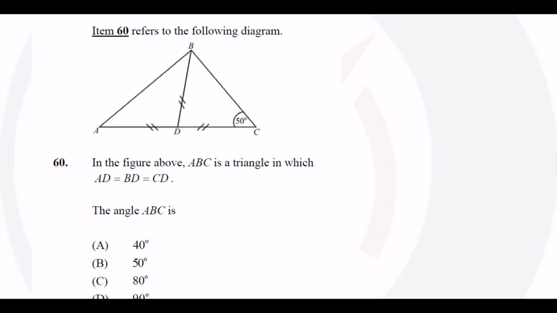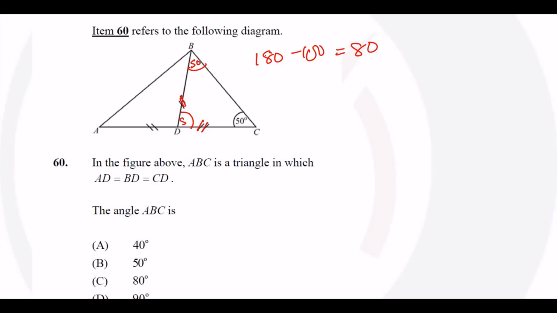If this line and this line are equal, that means we have an isosceles triangle. That means this angle too is also 50 degrees. Now if this angle is 50 and this is 50, we want to find this angle here. That angle is going to be 180 minus 100, and that gives us 80 degrees.